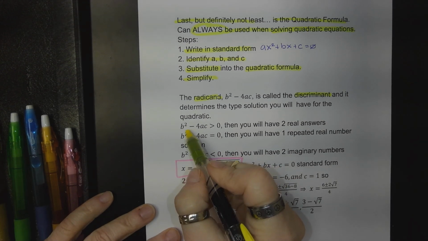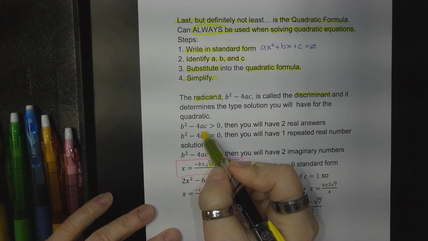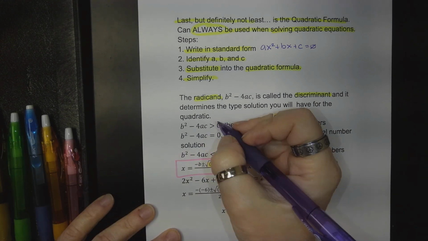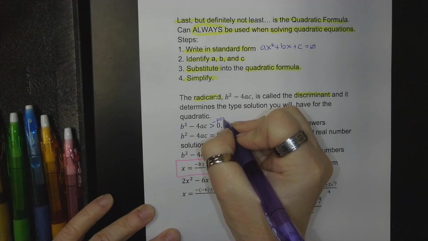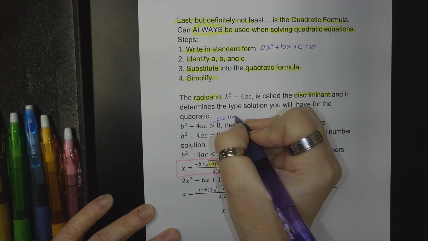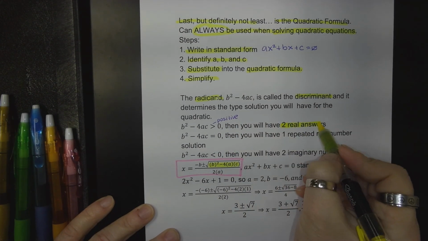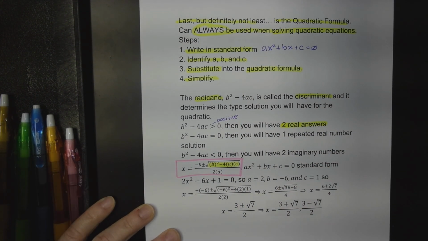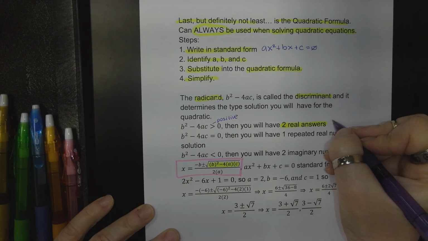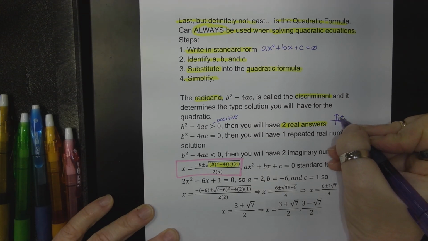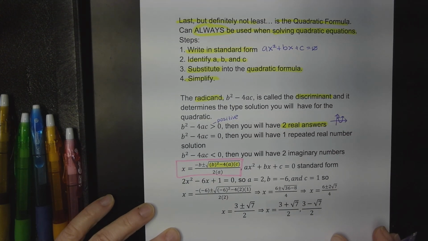So when our b squared minus 4ac is greater than 0, this means positive, then we'll have two real solutions, two real answers, okay? And what that's going to look like when we graph it, it crosses our x-axis twice. So it would look like this, okay?